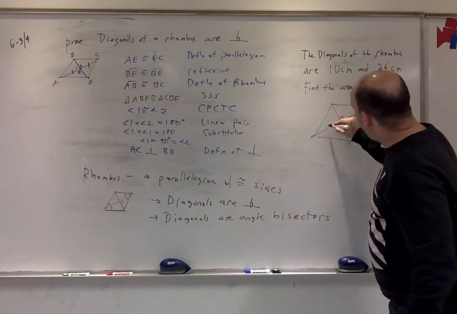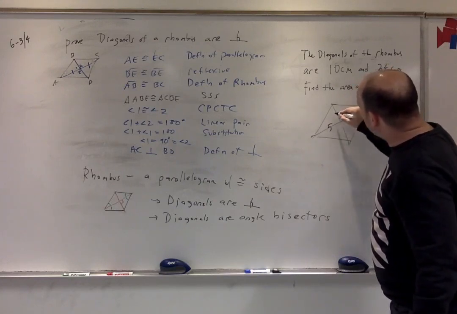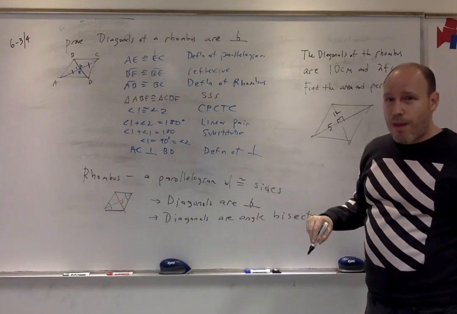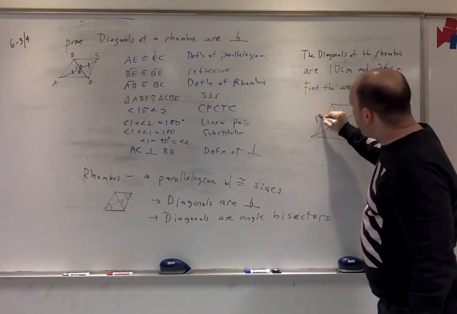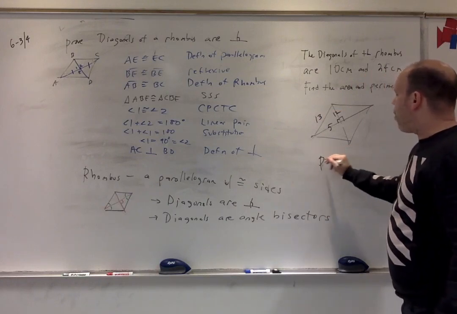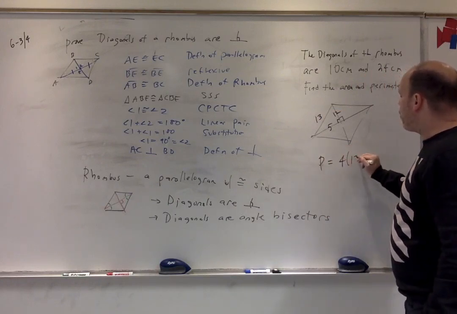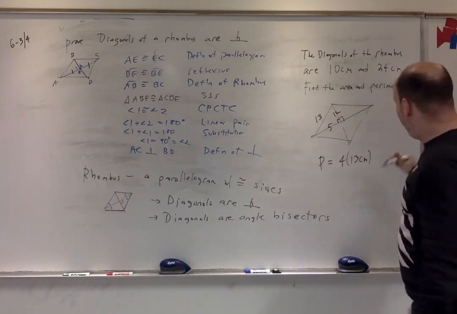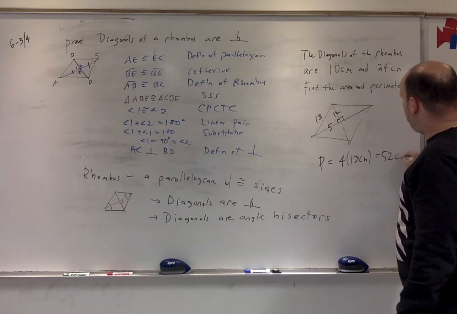So I have a 5, and this is a 12. Well, I know from Pythagoras' theorem that this side is 13. So I know that the perimeter is equal to 4 times 13 centimeters, because all the sides are congruent. So the perimeter is 52 centimeters.